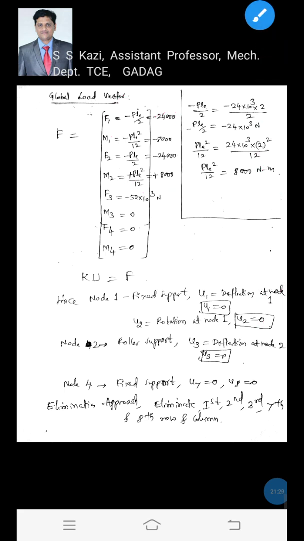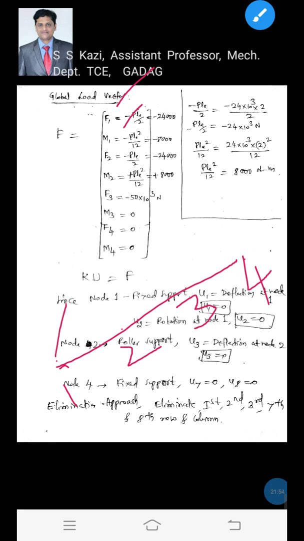Since there are 4 nodes, 1, 2, 3, 4, at each node we should write the values of force and moment. Here I wrote, you can observe, F1 M1 is nothing but applied force and applied moment at node 1. F2 M2 is applied force and applied moment at node 2.